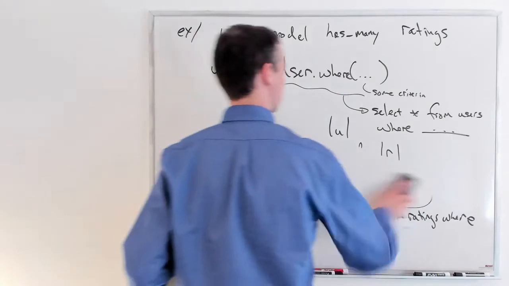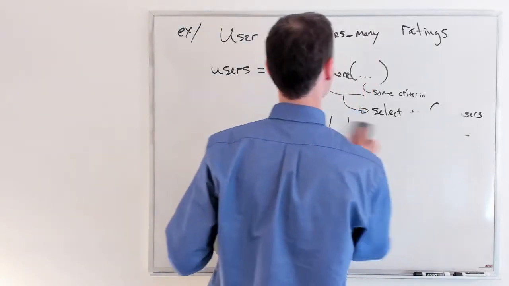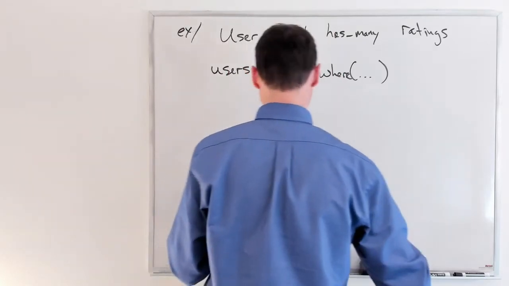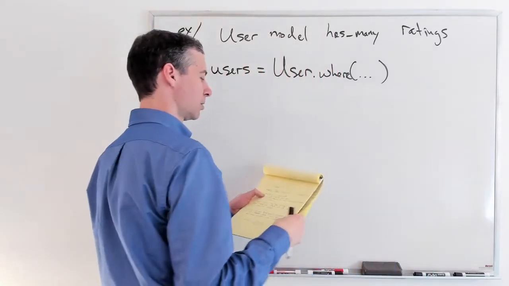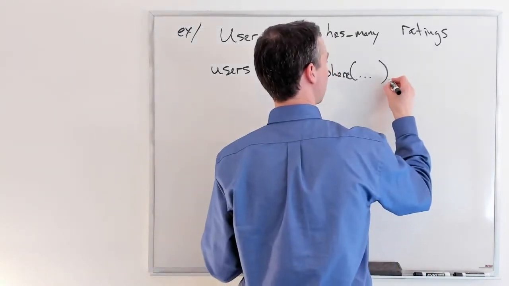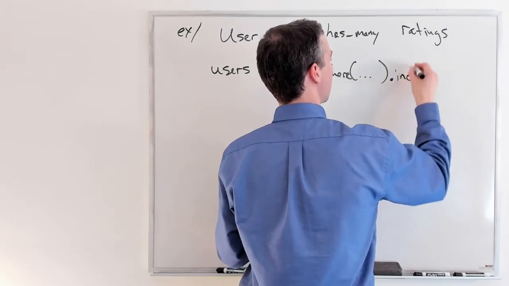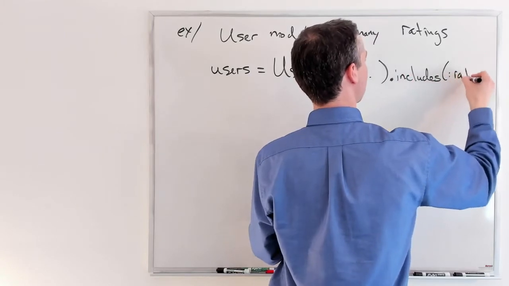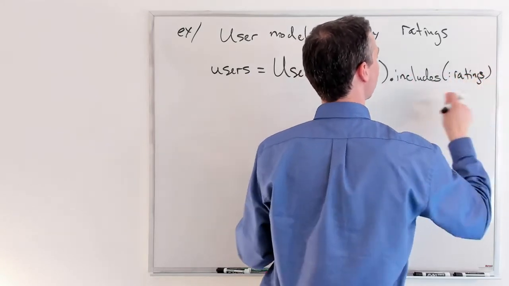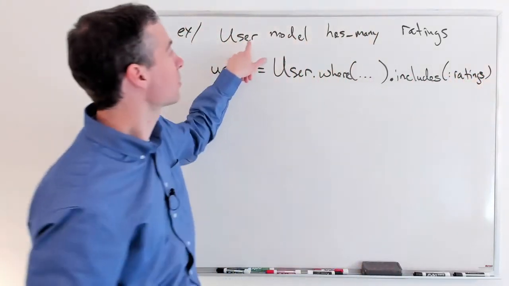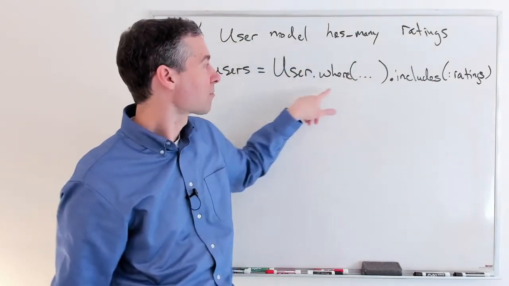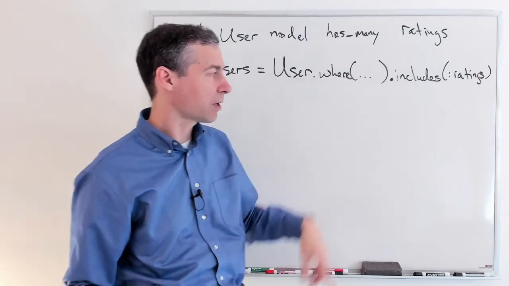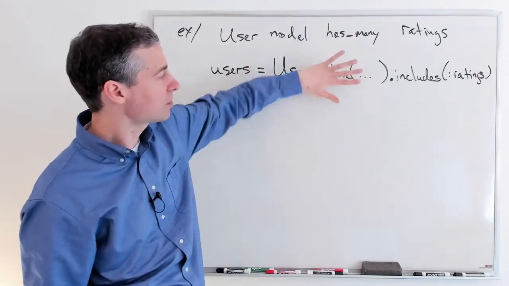Well, the proper Rails way works as follows. We get our users, but what we change is we tack on includes :ratings. We know that we've got this association here, and what we basically do is tell Active Record to do this part.